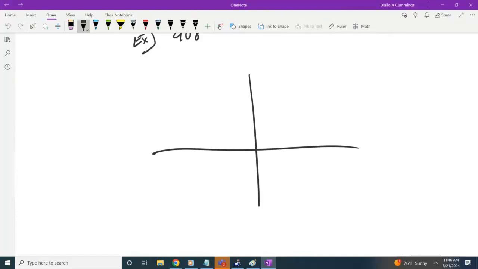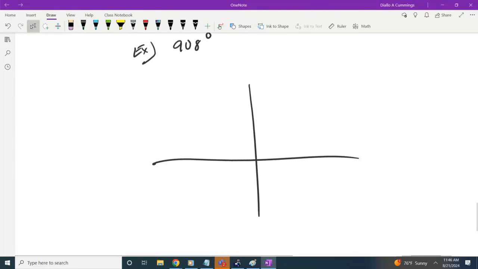First off, which quadrant is a 908 degree angle in? In order to find that, let's just sketch it out. All right. So I have my coordinate system. This is 0 degrees, 90, 180, 270, and 360, right? Because we're dealing with positive angles.